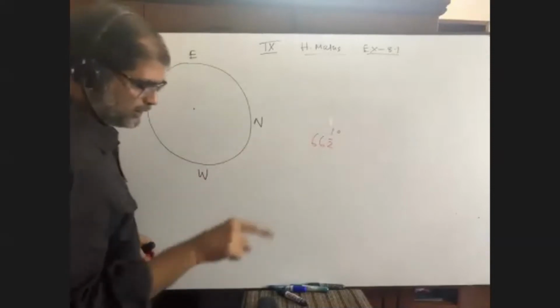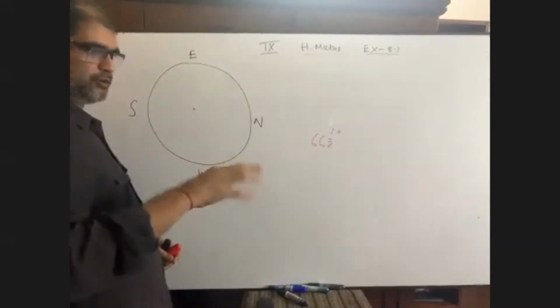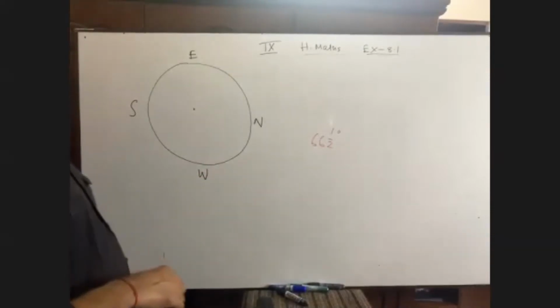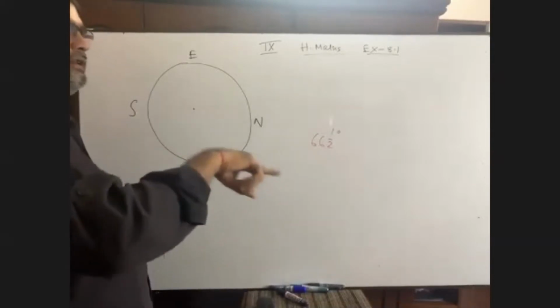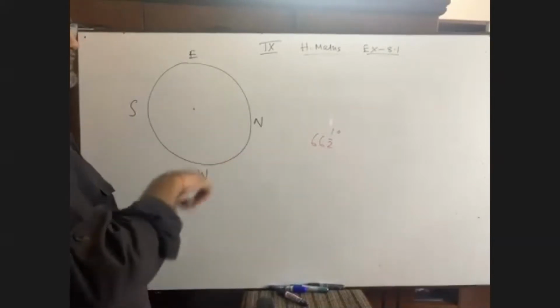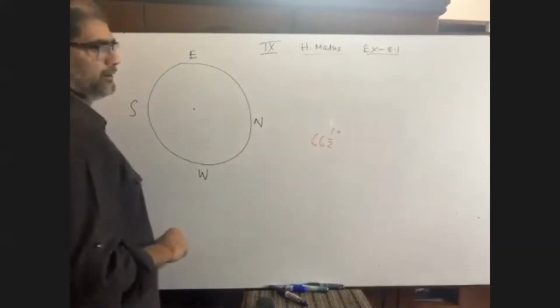In this way it rotates. You have seen a top at the end, how it rotates in this way, but the angle made by the Earth is 66.5 degree.